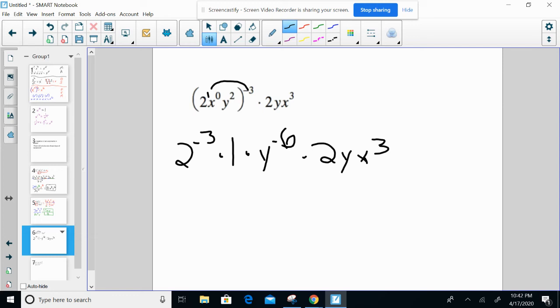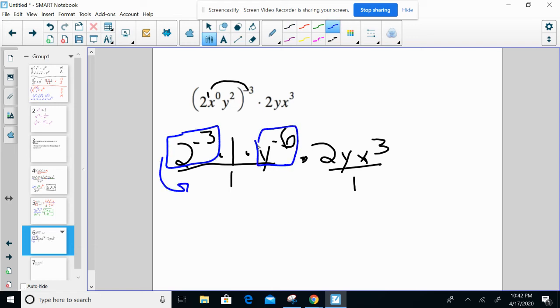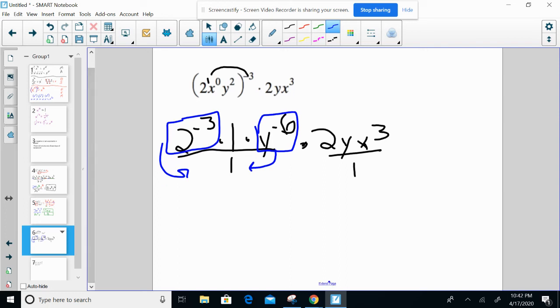All right, so now I'm going to make both of these fractions because what's going to happen is 2 to the negative 3 goes to the denominator. Same with y to the negative 6. So you're going to end up with 1 on top. You can move this down a little bit.